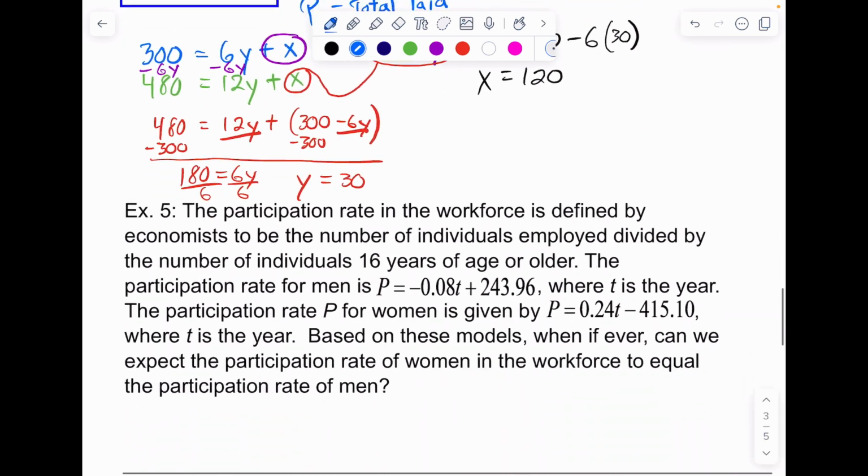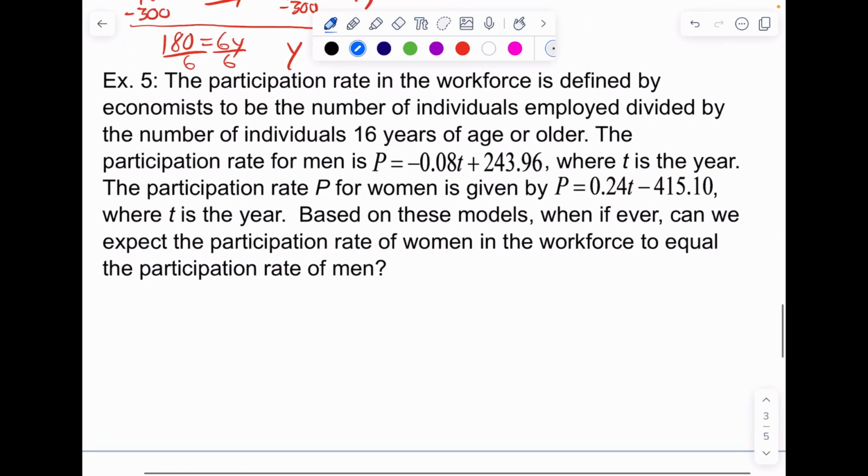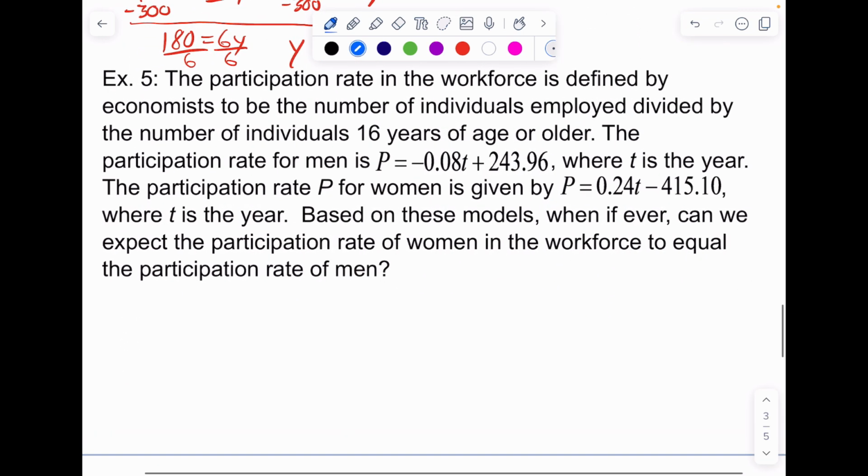Last but not least, go ahead and take out your trusty calculator for this one because it's an easy question. Don't let the words or the decimals frighten you, but let's go ahead and make life easy and use our tool of a calculator. The participation rate in the workforce is defined by economists to be the number of individuals employed divided by the number of individuals 16 years of age or older.